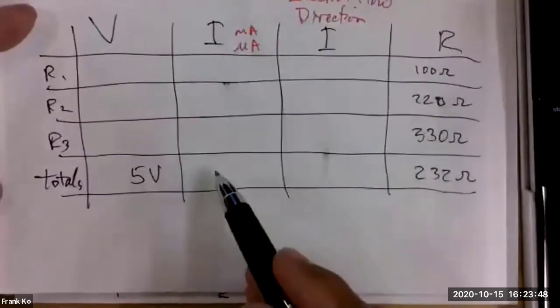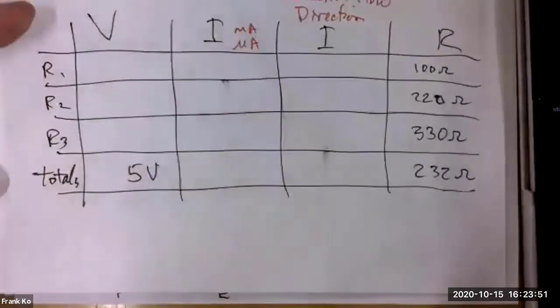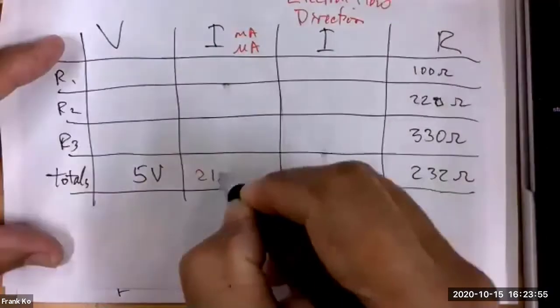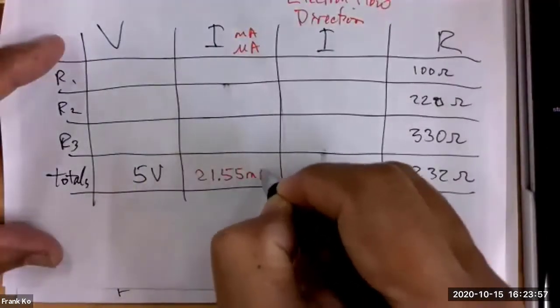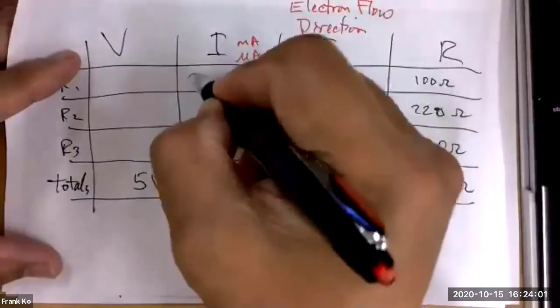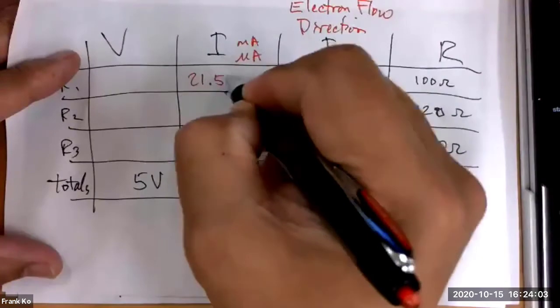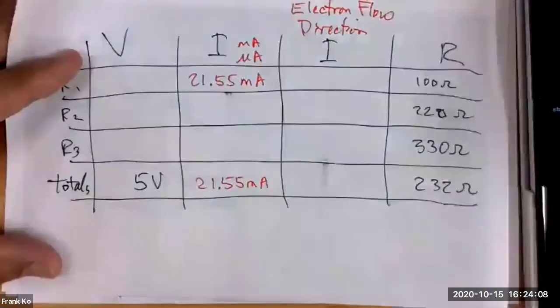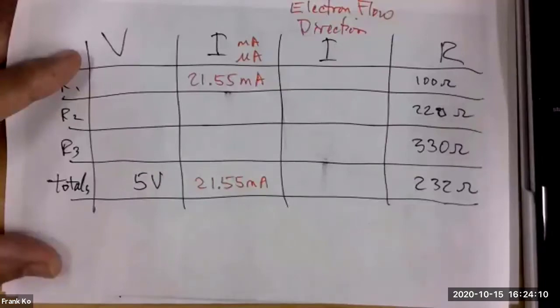So in other words, in here, we can take our calculated 21.55 milliamps for total and fill this in for 21.55 milliamps for R1. So far, so good? Okay.